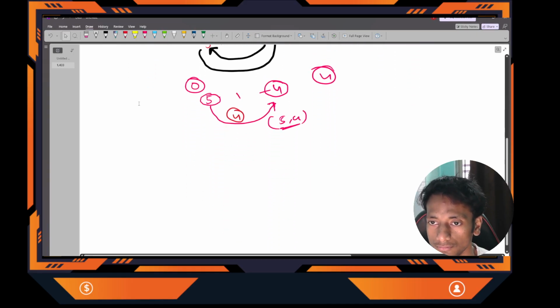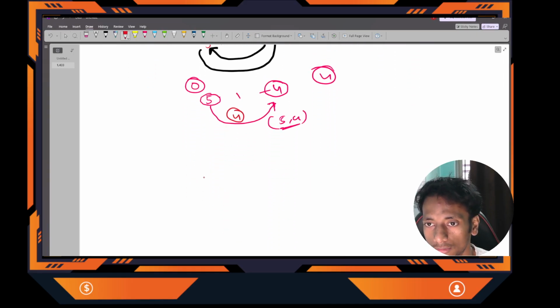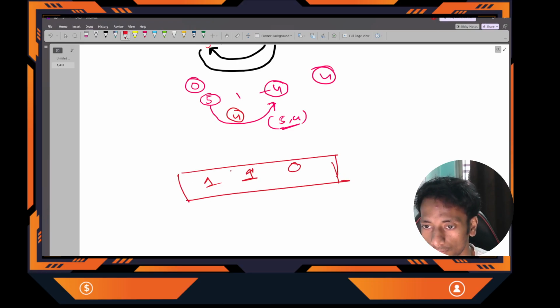After this, the balance will look like this: I have transferred 4, so 5 minus 4 is 1, and this will now be 0. Correct? Now suppose here instead of minus 4 I have, say, 6.